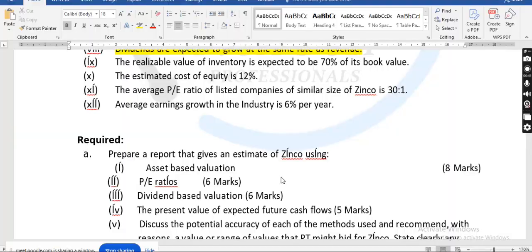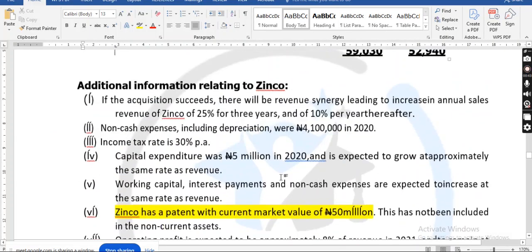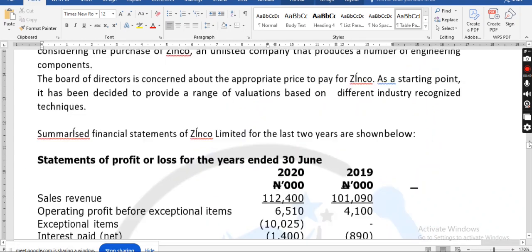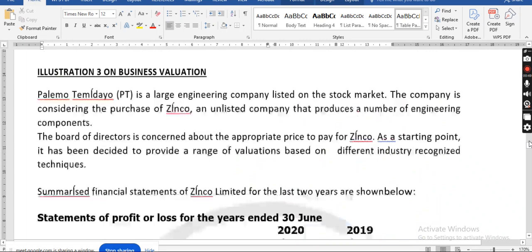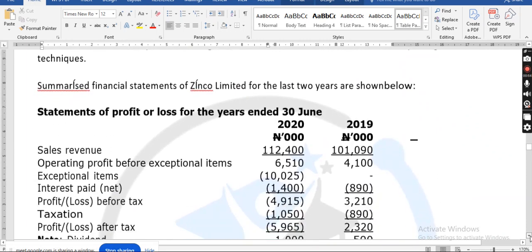Let's quickly check from the question what we were given about dividend. And don't forget, if you check the company income statements, it indicates that the company pays dividend, right?